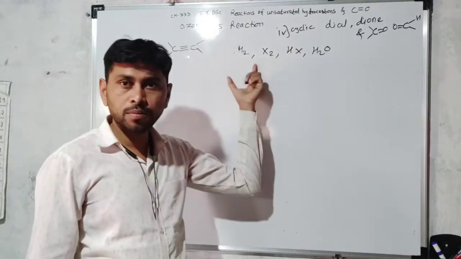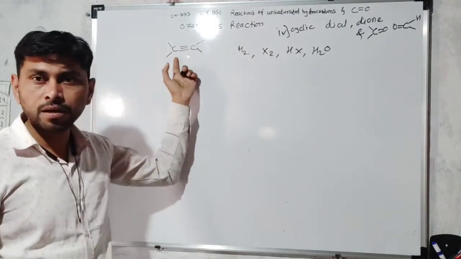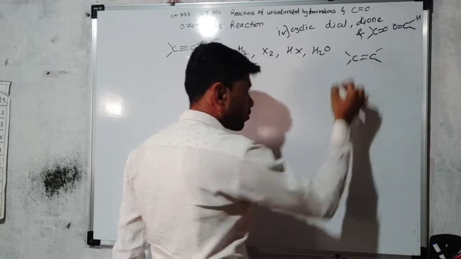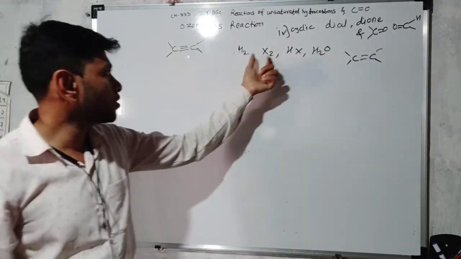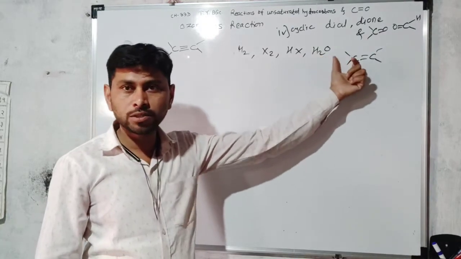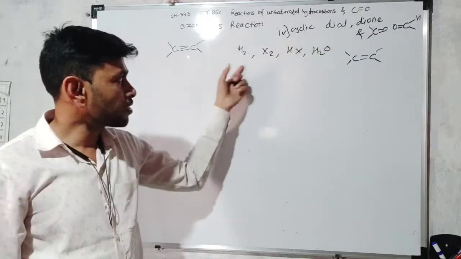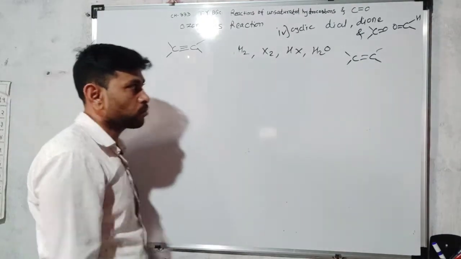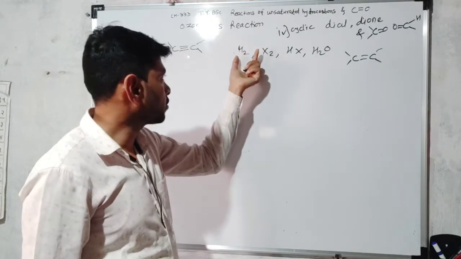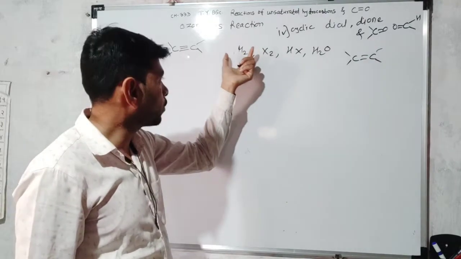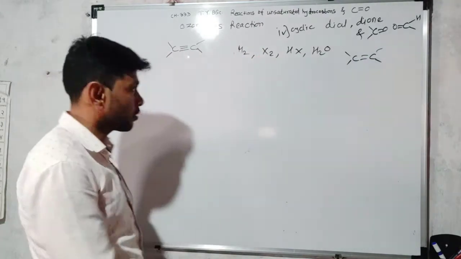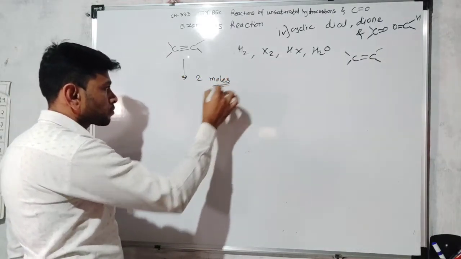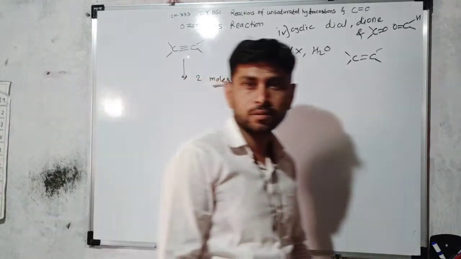So all these reactions are possible with the carbon-carbon triple bond, but instead of 1 mole, here 2 moles are required, because 2 double bonds that we have to produce.